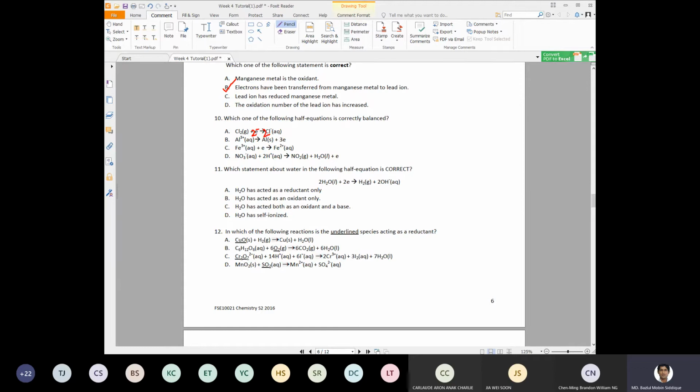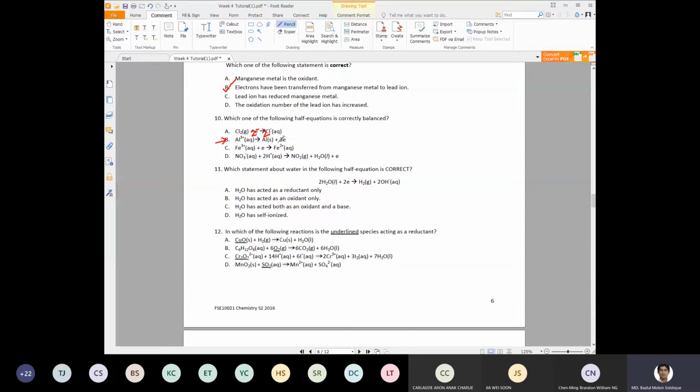so that it would be balanced. How about aluminium, what is happening here for B? Oxidation or reduction? This is a reduction, right? Because aluminium 3 plus changes to aluminium 0. So it is taking the electron.